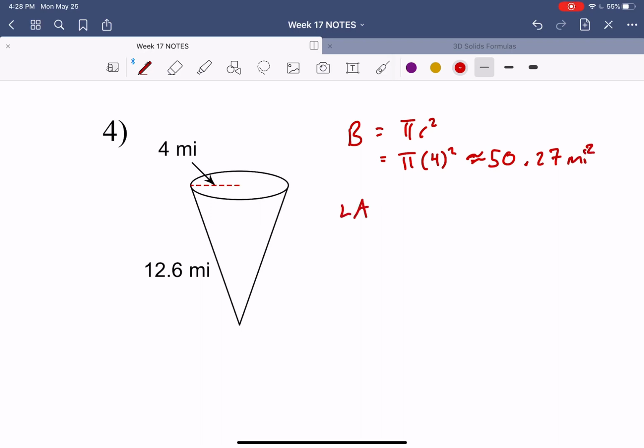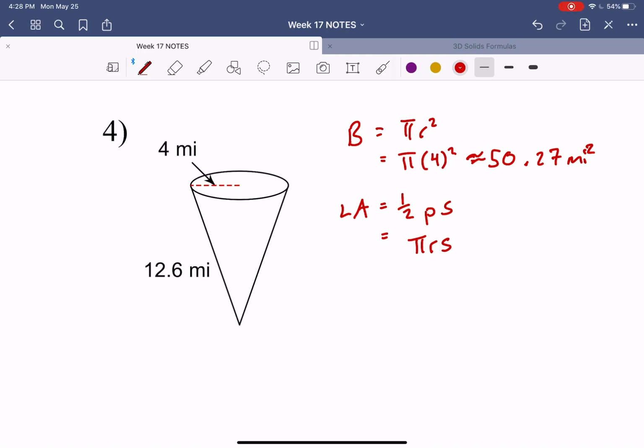And then our lateral area is still 1/2 times the perimeter times the slant height. But if we look at our formula sheet, that's just pi r s.